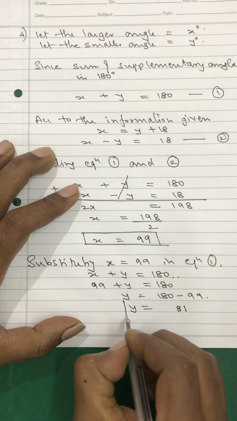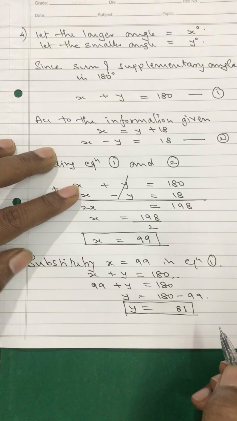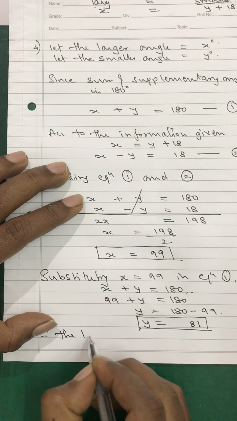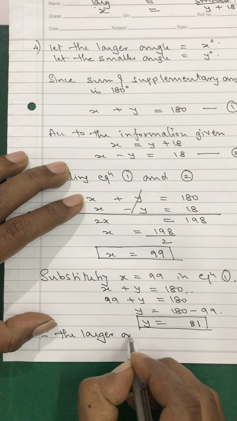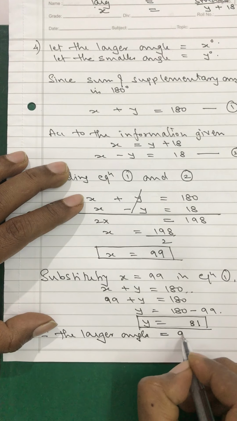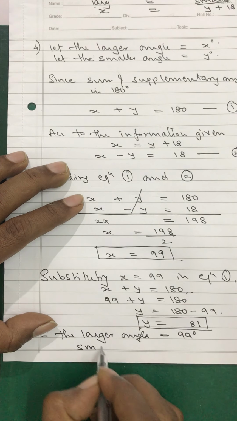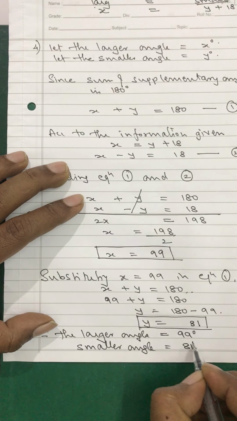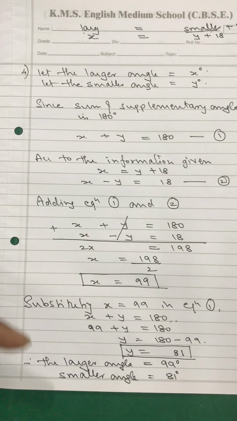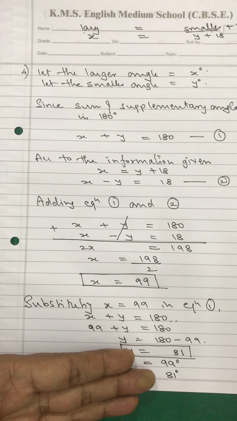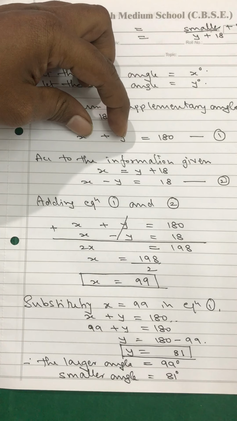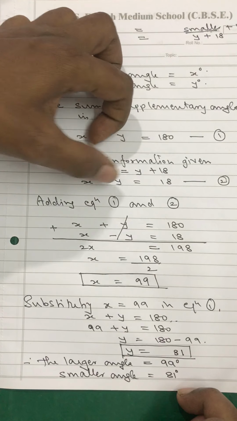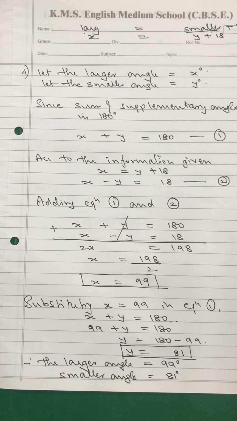So you get y is equal to 81, and therefore the larger angle is 99 degree. You can see, if you substitute, when you add these two equations, 99 plus 81 you will get 180, and x minus y, you will subtract these two, 18 you will get.